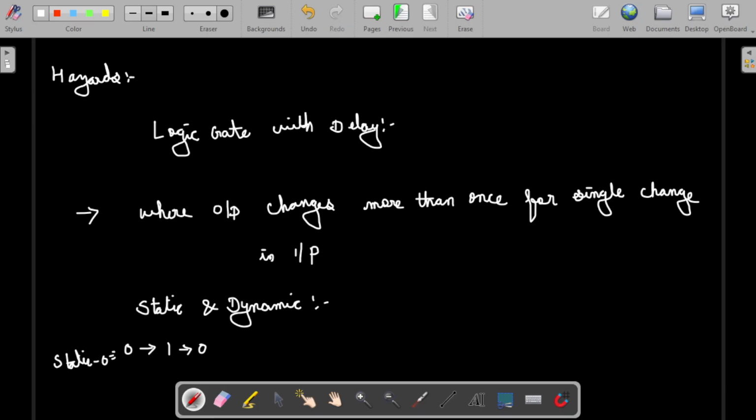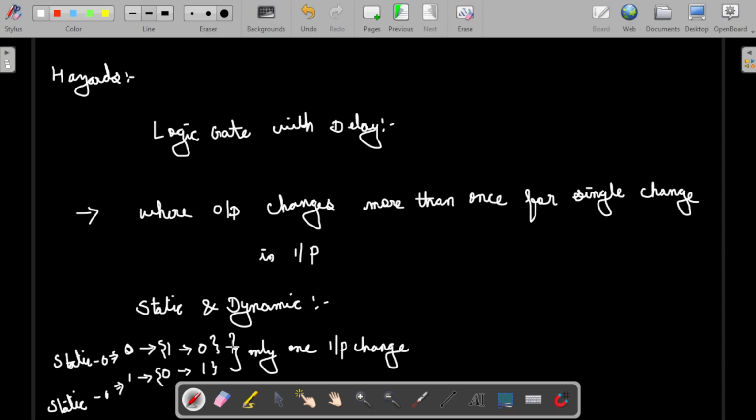If the output is initially 1, then changes to 0 and then immediately changes back to 1, then that is a static 1 hazard. So what I am saying is, initially the output is 0, but when there is a change in input, the output immediately changes to 1 and then back, but the input change is just one. So only one input change. Try to understand it carefully. For a single input change, there are two output changes. That is what we are trying to explain here.